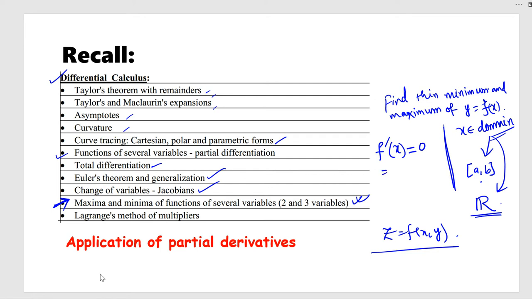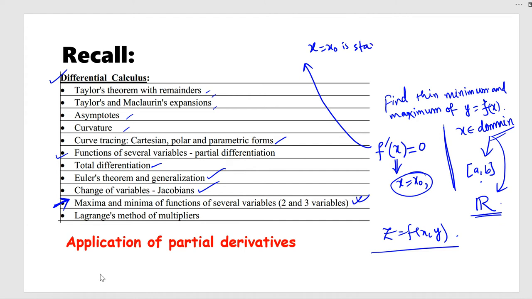To find the value at that particular point, after making this derivative 0, we get the values of x equals some x naught, where the point x equals x naught is a stationary point.